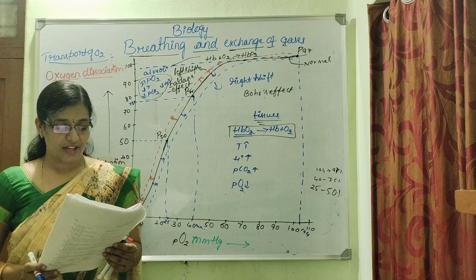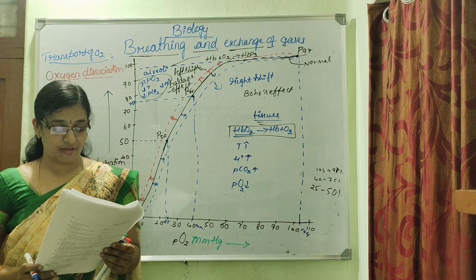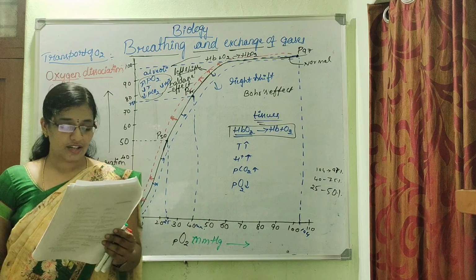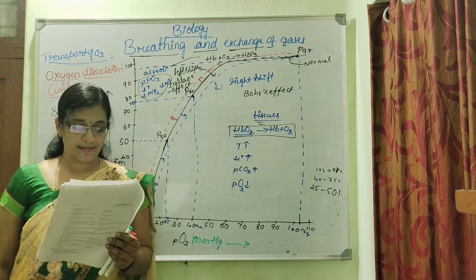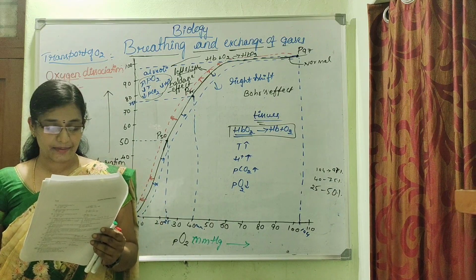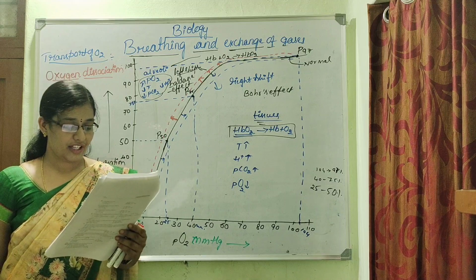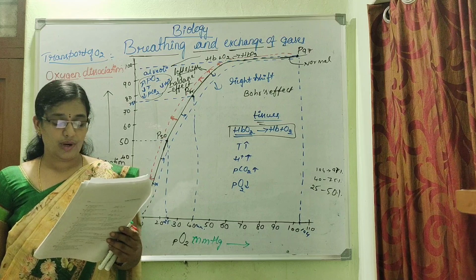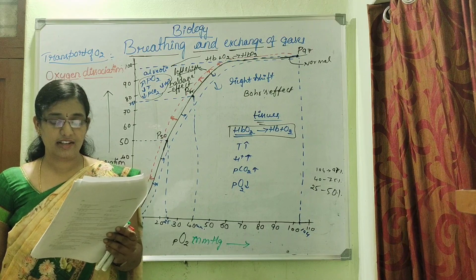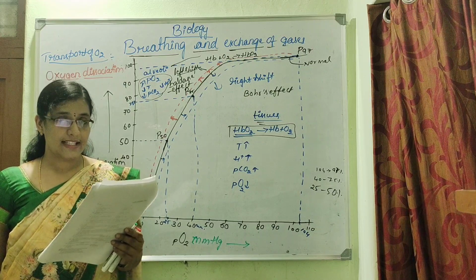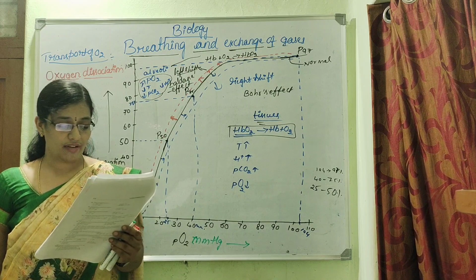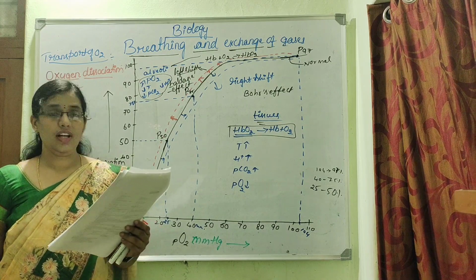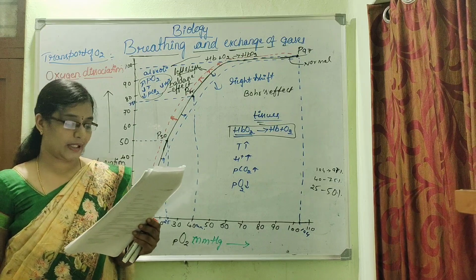Next question. Partial pressures in mmHg of oxygen in atmospheric air, alveoli, deoxygenated blood, oxygenated blood and tissues are: option A 159, 104, 40, 95, 40; B 104, 40, 40, 95, 159; C 0.3, 40, 45, 40, 45; D 159, 104, 45, 95, 40.